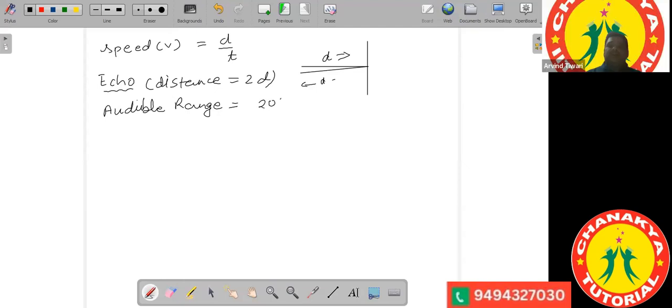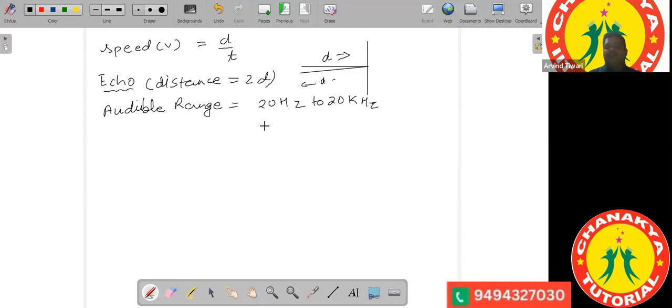Yeah, you get it, 20 hertz to 20,000 hertz. That is the audible range of frequency. So we cannot hear a frequency which is greater than 20,000 hertz, and we cannot hear a frequency which is less than 20 hertz.